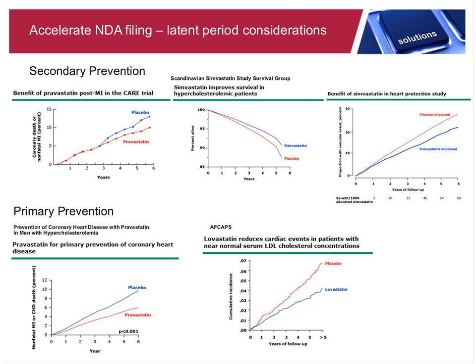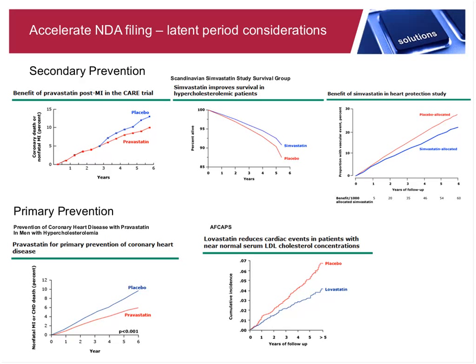Now let's shift to the top of the slide to secondary prevention. As you can see on secondary prevention in the slide, the panel all the way to the left is the CARE trial. You see that there is not a separation between the two arms until 2.5 years. And keep in mind the 2.5 years as we talk about SAVOR and as you review other cardiovascular outcomes trials with respect to median duration of exposure.